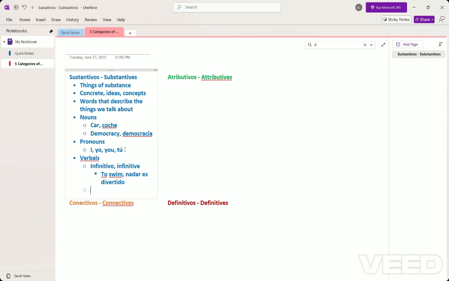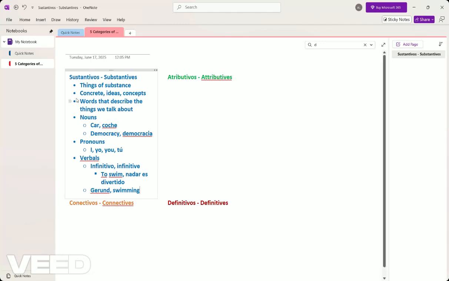In English, that sounds a little awkward, so what we use is called a gerund. That means using the present participle as a noun, in this case, a subject. In Spanish, you don't use the present participle, you use the infinitive. So instead of swimming is fun, they'd say to swim is fun. Nadar es divertido. So these are all substantives.